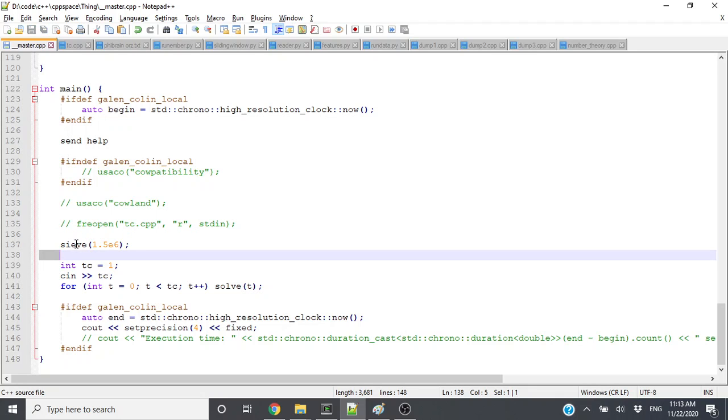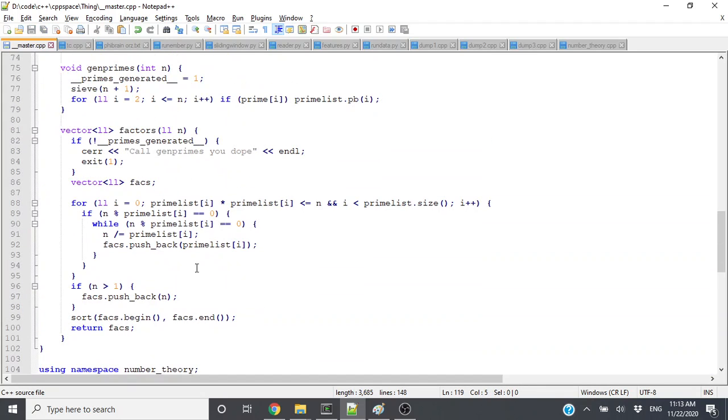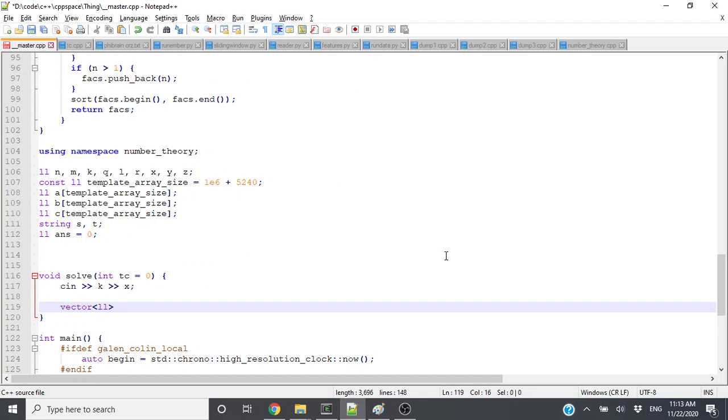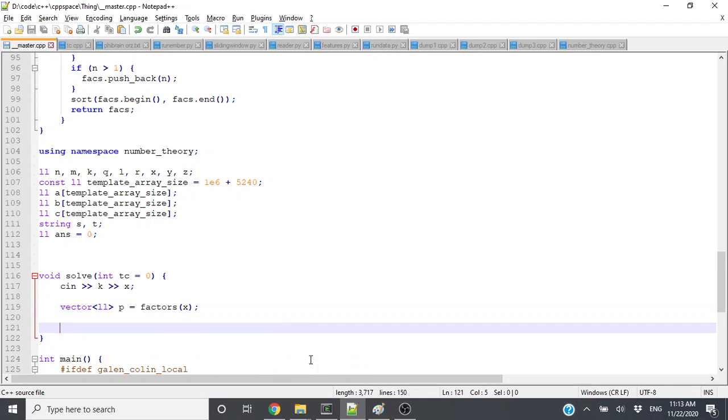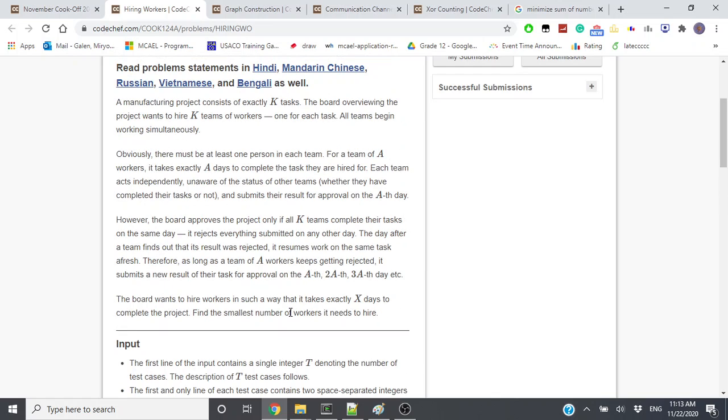All right, this is gen primes. So we want k numbers with LCM x, and we want to minimize the sum of the k numbers.